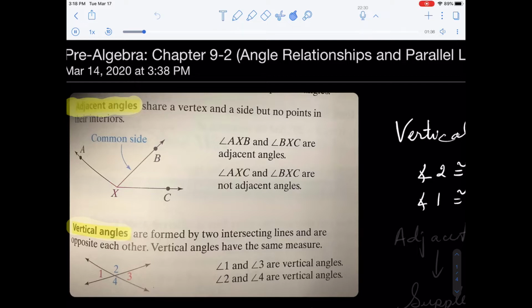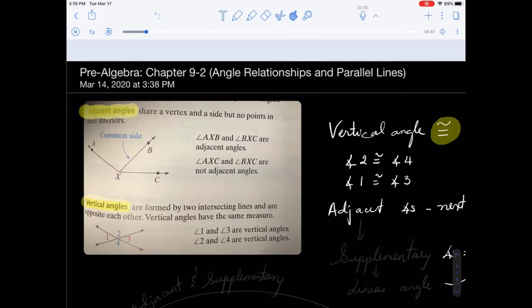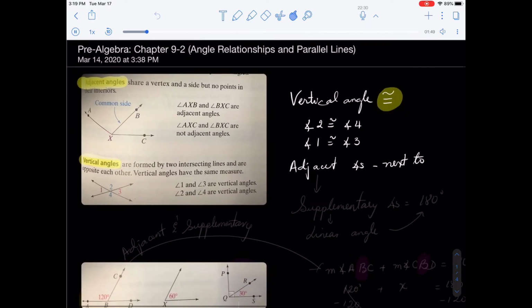When I say the word adjacent angles, this just means next to, okay? When they're next to each other, they can form supplementary angles. The two adjacent angles can form a straight line.